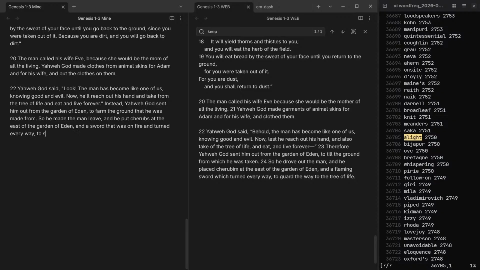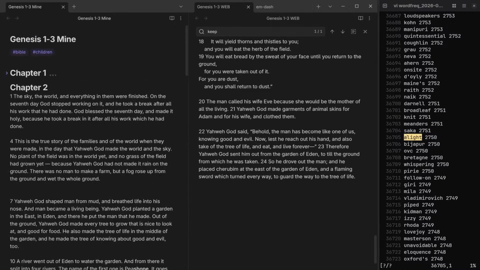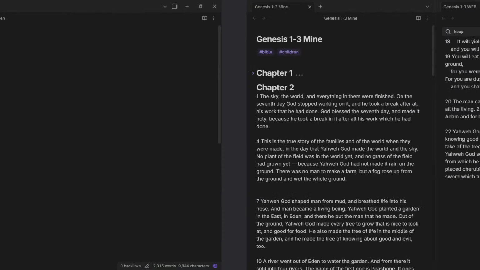To stop. To block the way to the tree of life. I think that makes sense. All right, and we're done with chapter 3 now. Wow. Should look at that. It only took us 58 minutes.